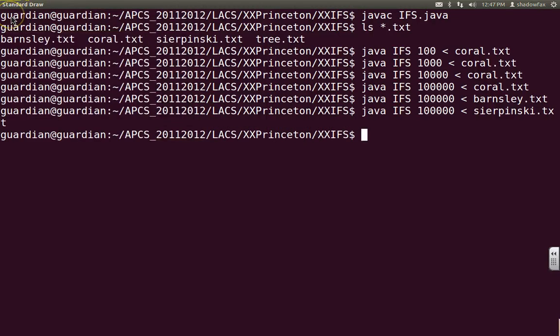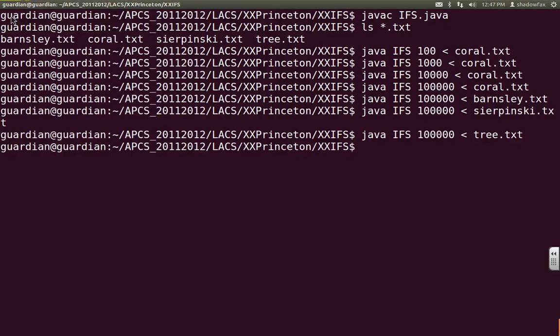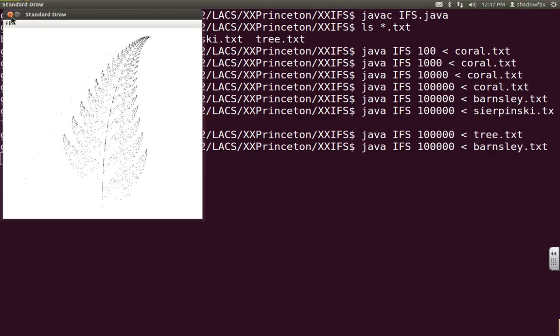All right, and tree. And there you go. That's nice. All right, I think my favorite was the Barnsley, the fern. It's almost like a tree. There you go.